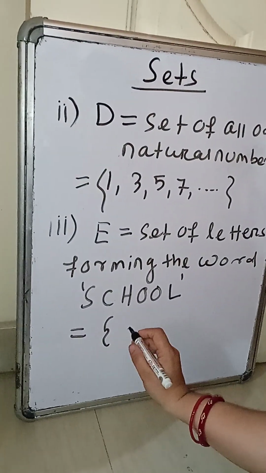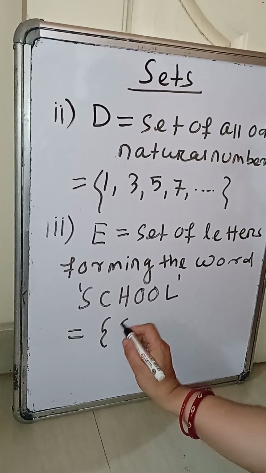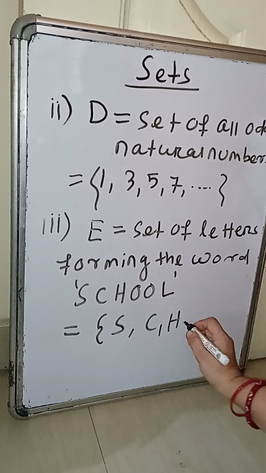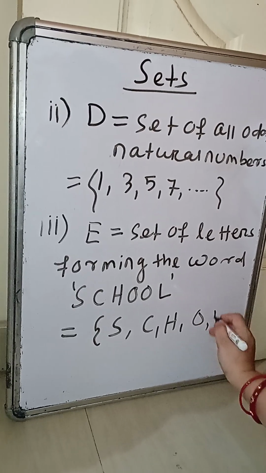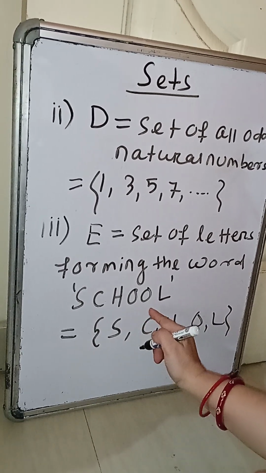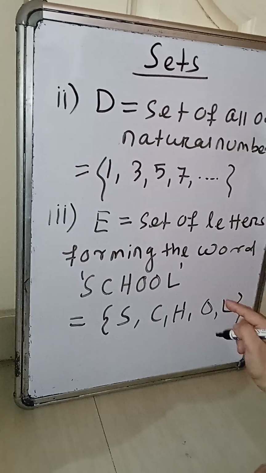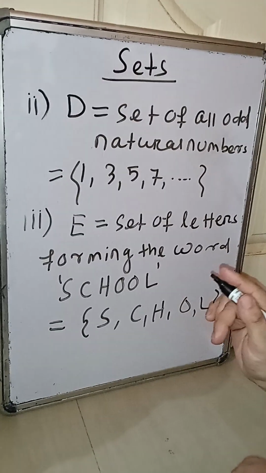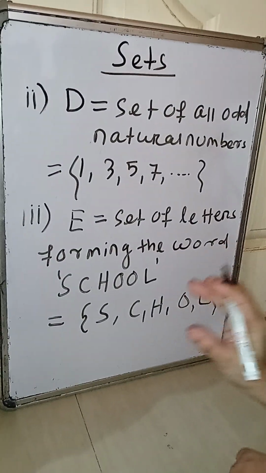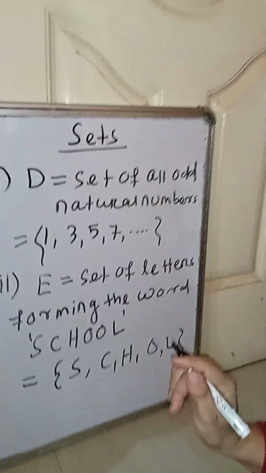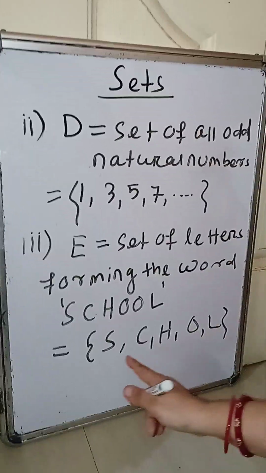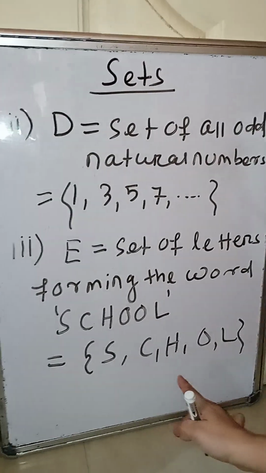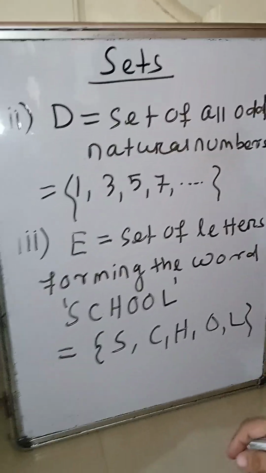Let us start the curly bracket. Letters S, C, H, O, L. Here O is repeated 2 times, but in a set we write the elements only once. The elements which are repeated, we will not write repeatedly, rather we will write only once. So these are the elements of set E, written in roster or tabular form.